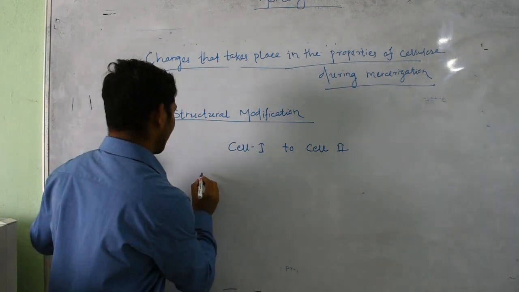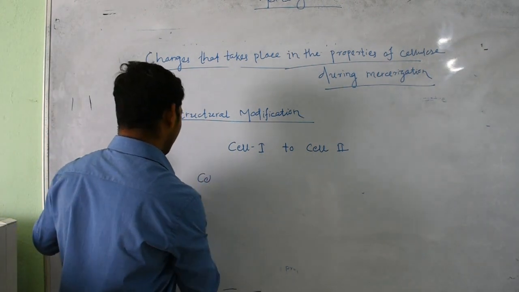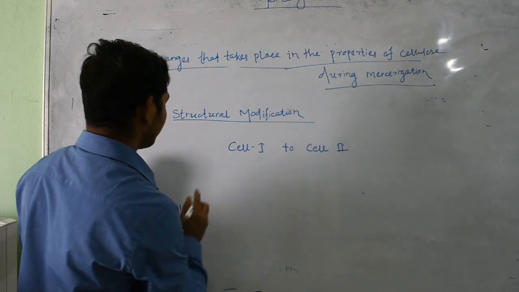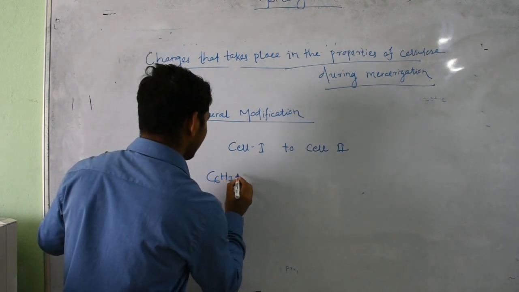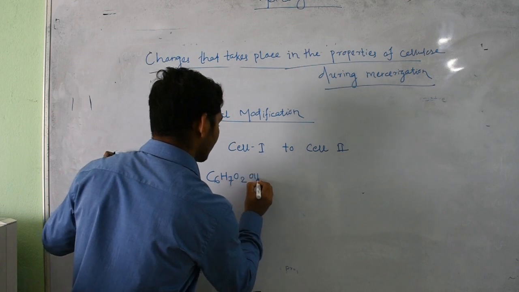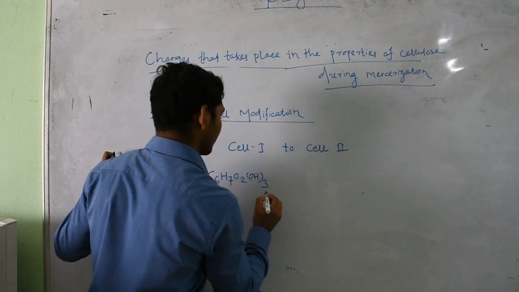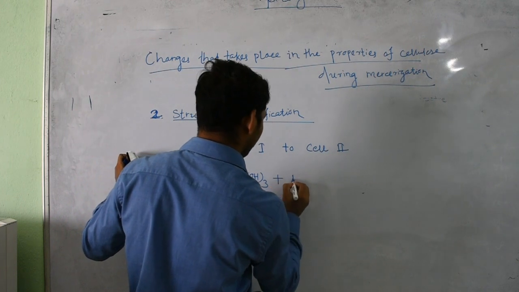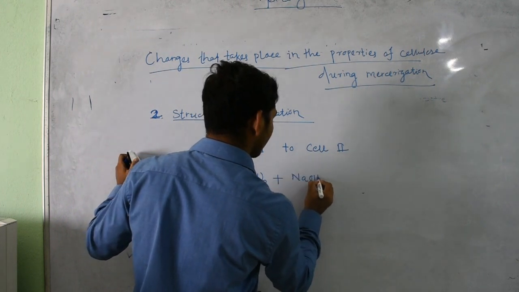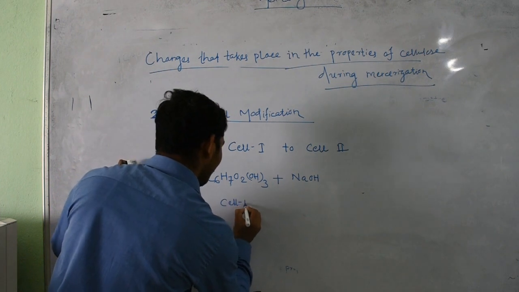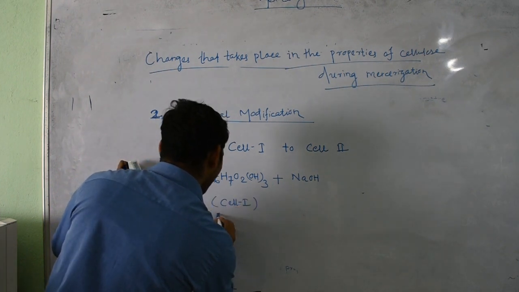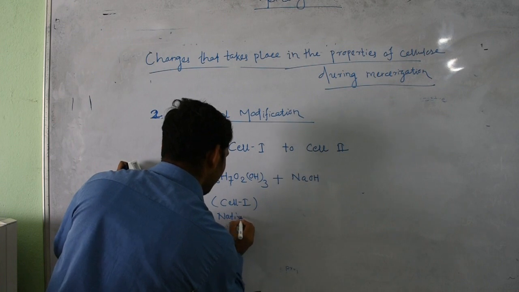Now let's know what cellulose 1 is. This is the chemical structure of cellulose 1, or it can be also called as native cellulose.